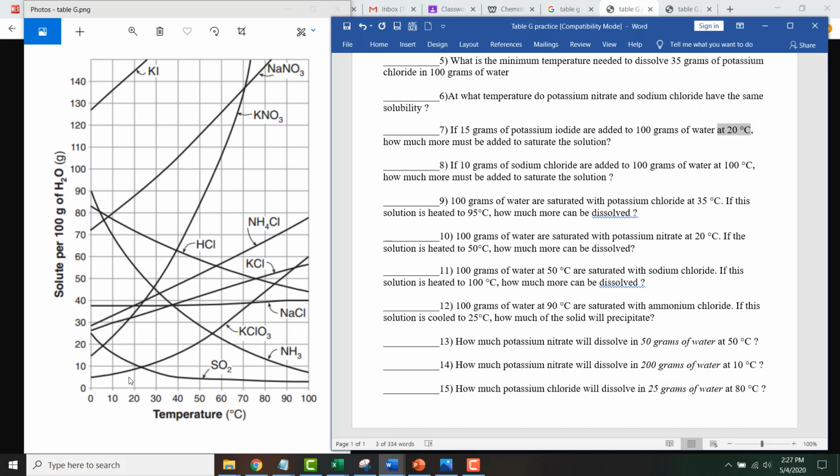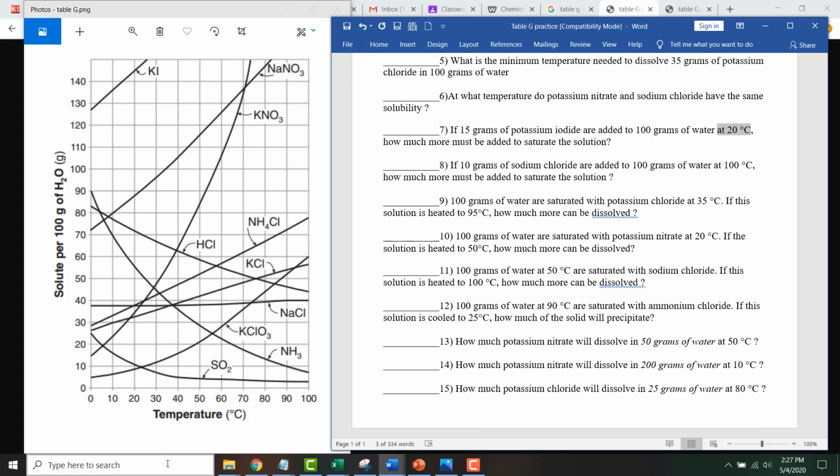So at 20 degrees Celsius, that's something that I know from the question. And if I go all the way up to the line for KI, notice that's beyond this point. Now, there's no number up here, but we know by the scale, 20, 30, 40, this would actually be 150 for this line. That's about halfway. So at 20 degrees, I know I can do 145 grams.